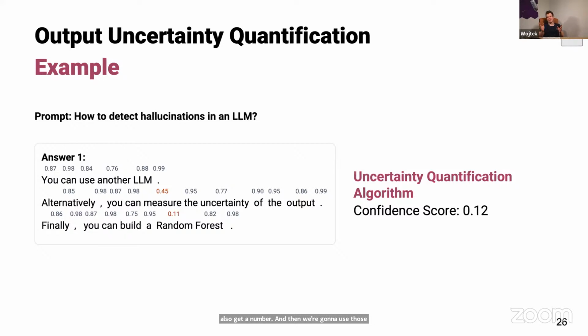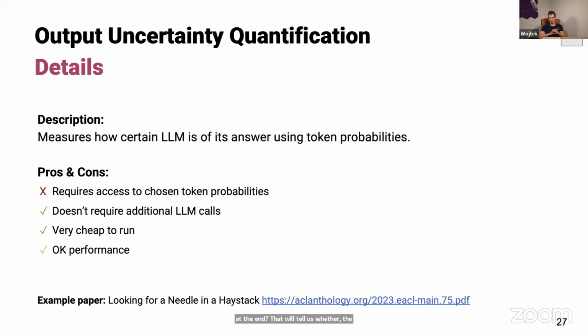So we're going to get some kind of confidence score, say 0.12 here. And that's the idea. Now let's talk about what it actually is, what the pros and cons are, and the key questions we have. Of course, one of the key questions is, what do we do with those numbers? How do we actually use those numbers to get one number at the end that will tell us whether the sentence or the paragraph is hallucinated or not?